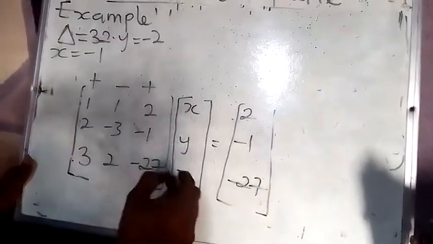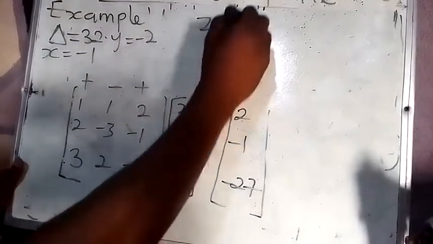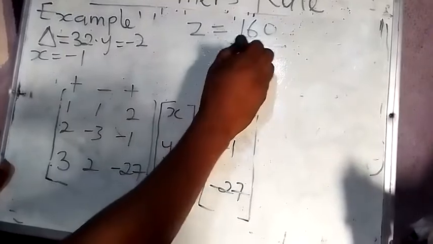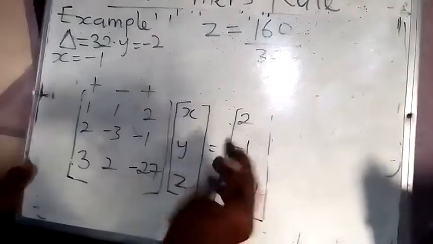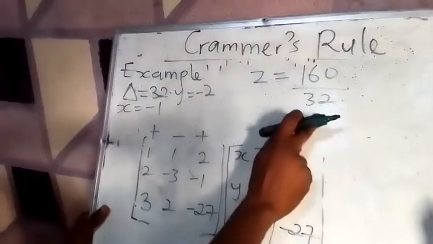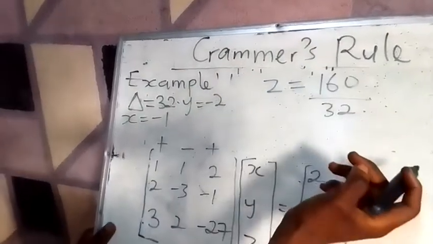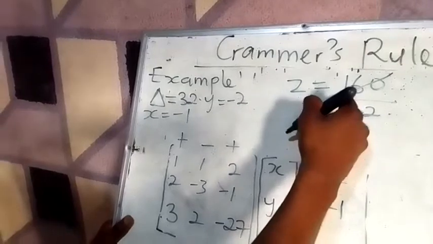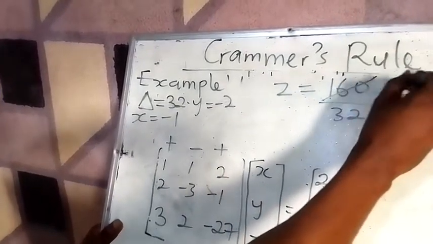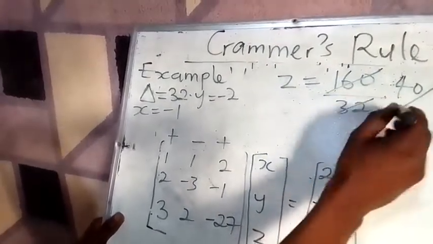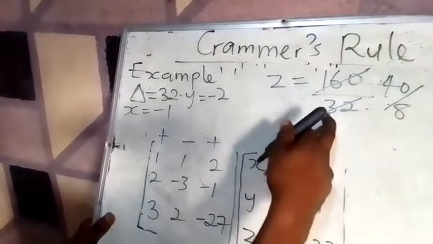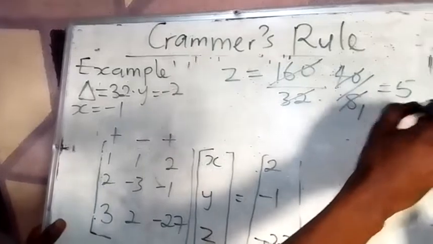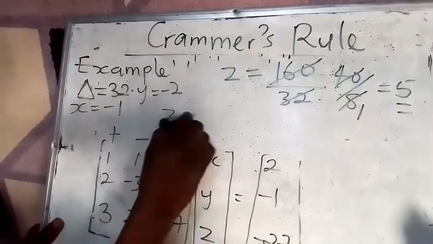So to get the z, 160 divided by the first determinant 32. Let's break it down. 4 can go here. 4 in 16, that is 4. That is 40. 4 in 32, that is 8. So 8 in 40, that is 5. So z is 5.